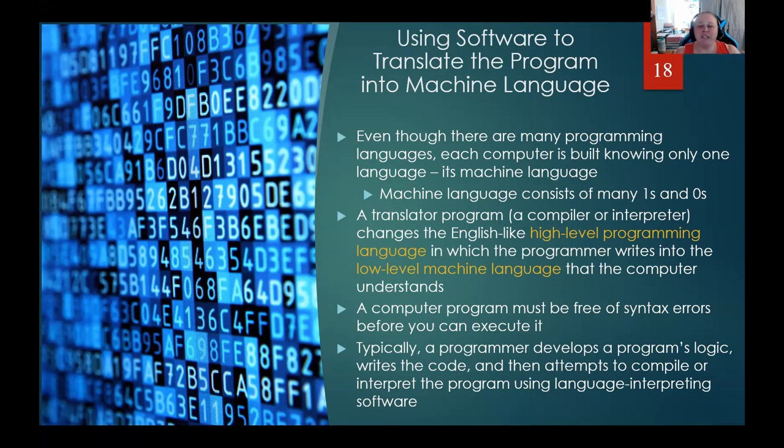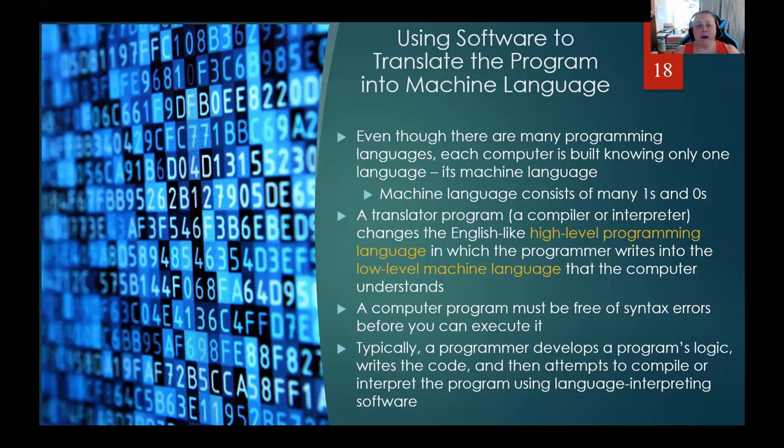What it's going to do is turn a higher level language into a lower level language. Now, a higher level language is closer to the spoken English language, and the lowest level language is machine language, or that binary of ones and zeros.